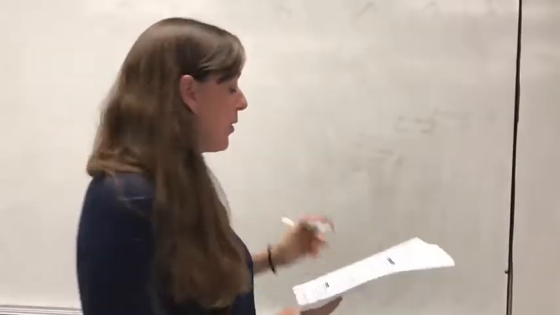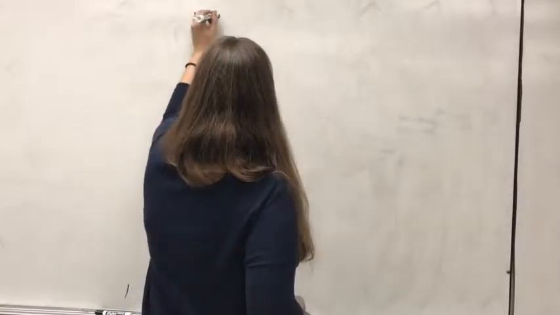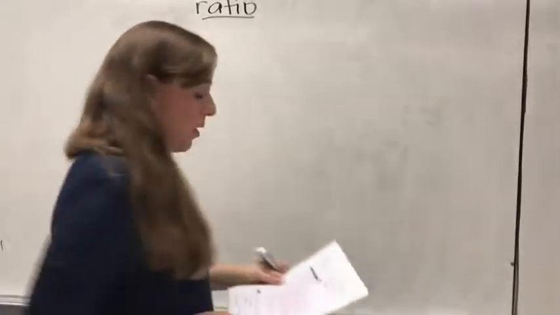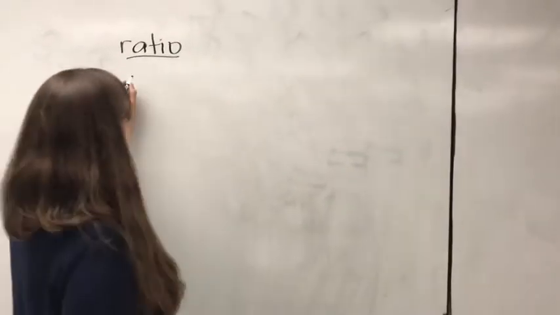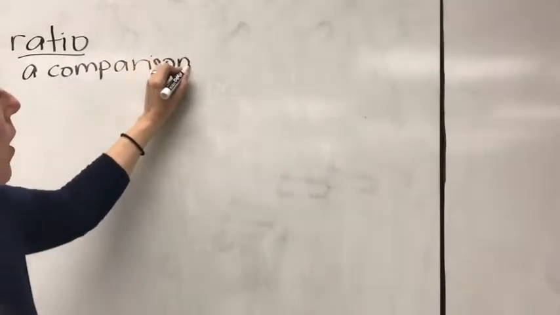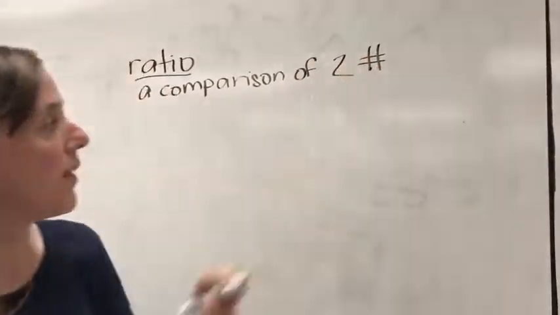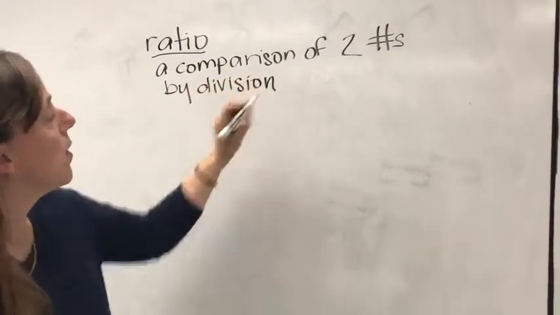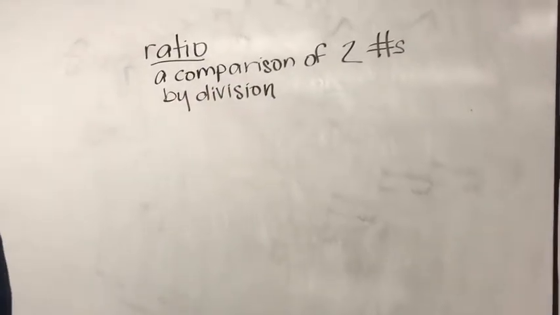First, vocabulary. First vocabulary word is ratio. A ratio is a comparison of two numbers, a little shorthand there, two numbers by division. Okay, great. That's ratio.